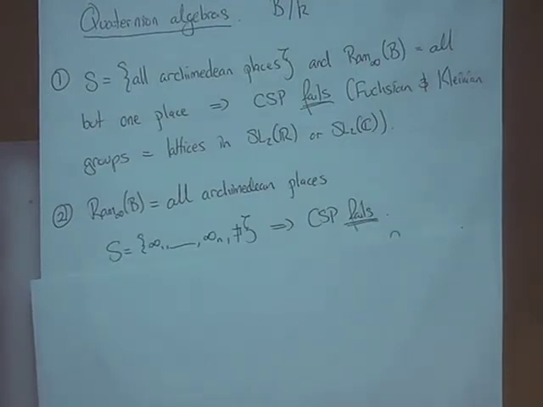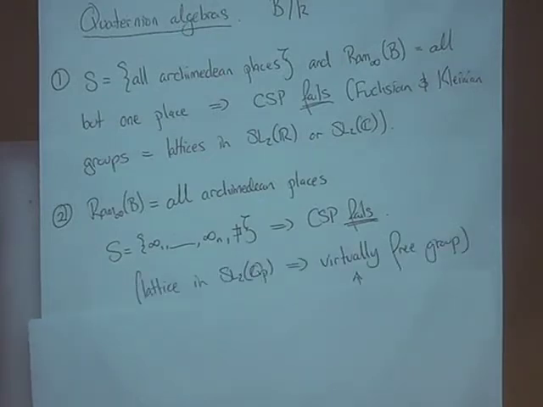If B ramifies everywhere, so it's Hamilton's quaternions everywhere, and you throw in just one other place, then it fails. Because you get a lattice in SL2(K_p), I should have said K_p, not Q_p, sorry. Now what does that mean?